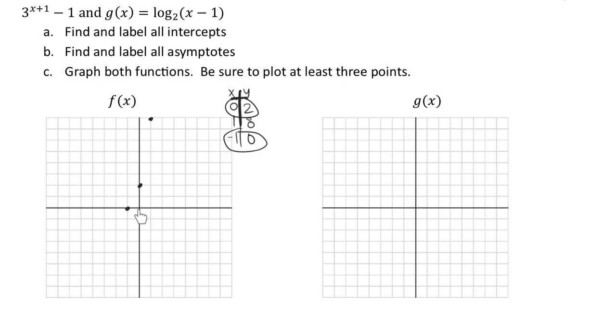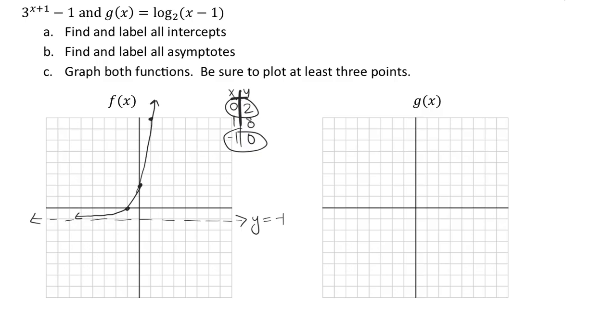Usually it's at y equals 0. But we have a vertical translation down 1 unit. So the horizontal asymptote is the line y equals -1. And there are our 3 points here.